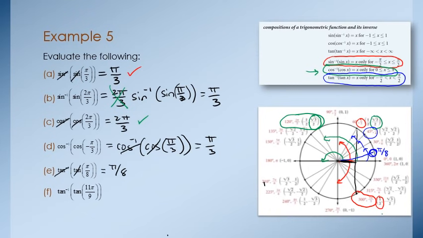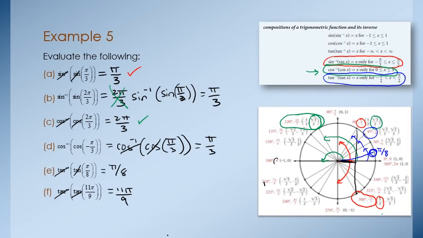And finally, the last one, tangent inverse of tangent of 11 pi over 9. I would really like this to be true. And is it? Where is 11 pi over 9? Let's think about this.